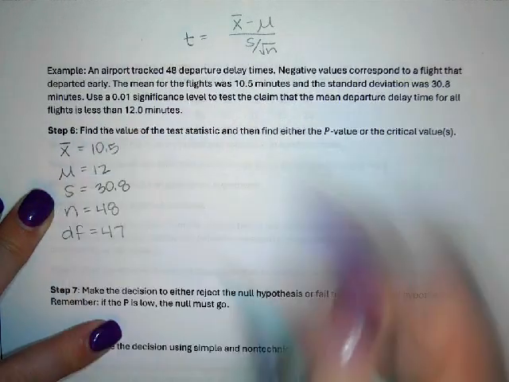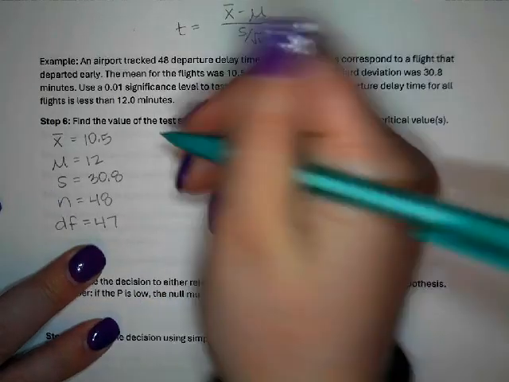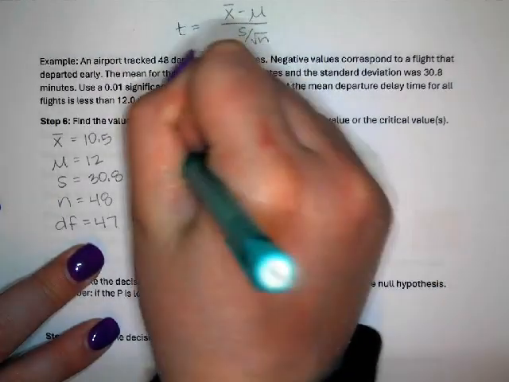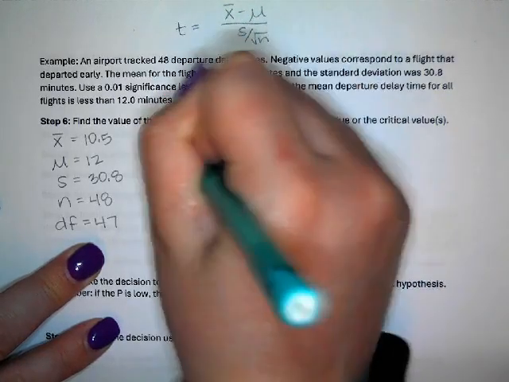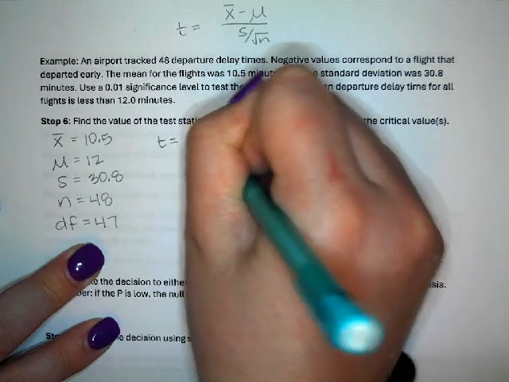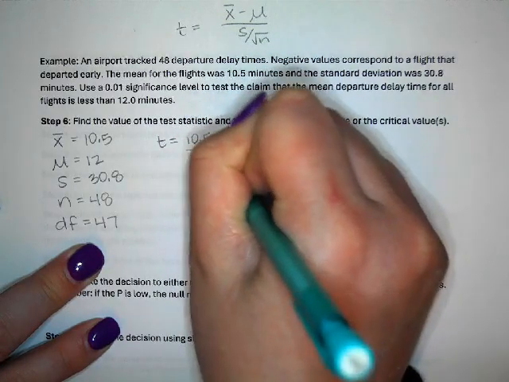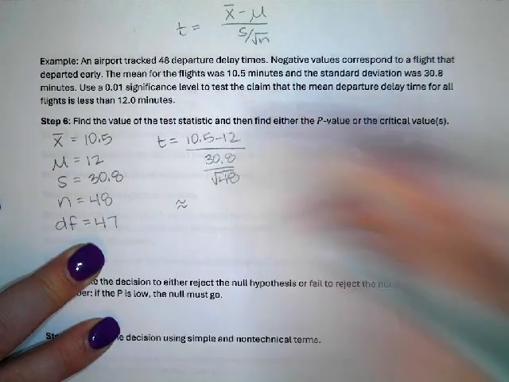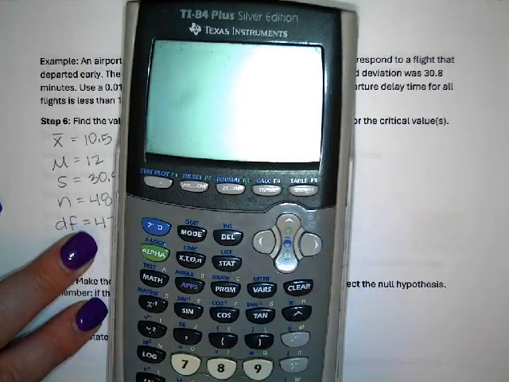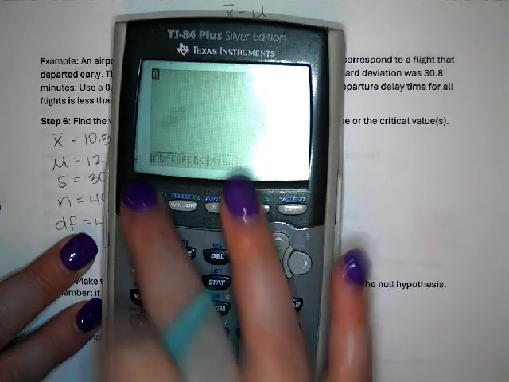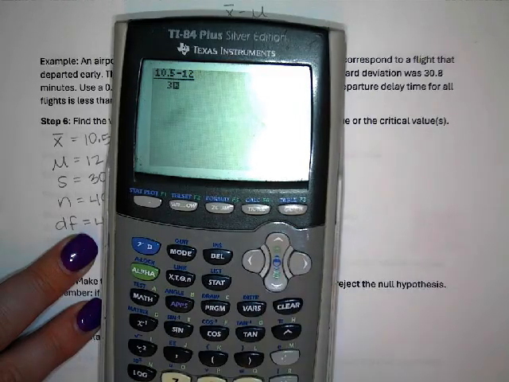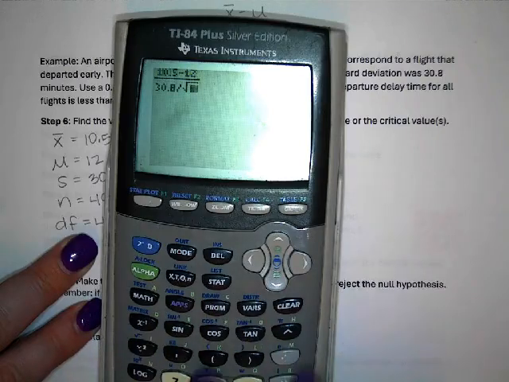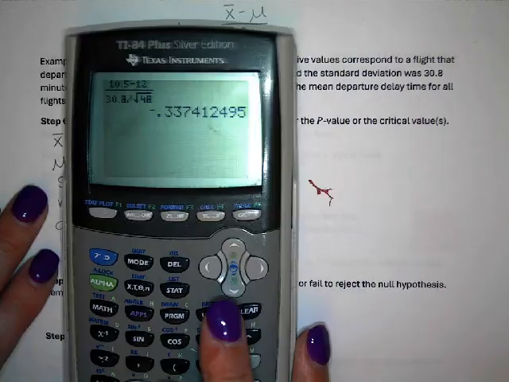So our T value is x bar minus mu divided by the standard deviation over the square root of the sample size. And so let's figure out what that is. Negative 0.3374.